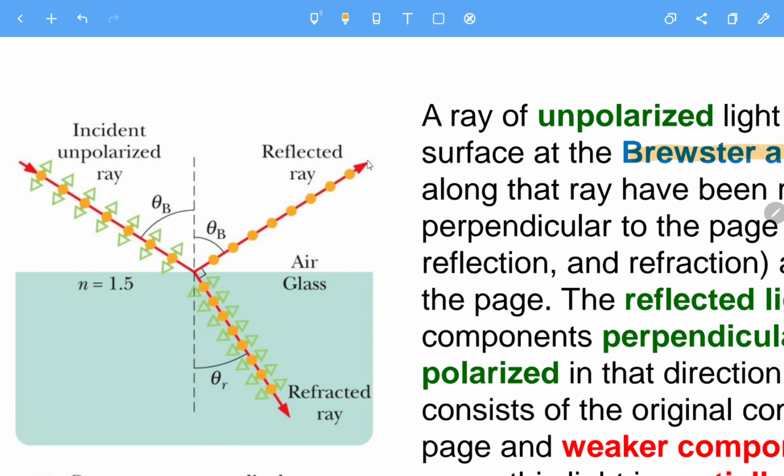So it means that the reflected wave is totally polarized, but the refracted wave is partially polarized. Originally these two components are equally strong, so for the refracted wave, the green arrow component is stronger than the orange dot component.